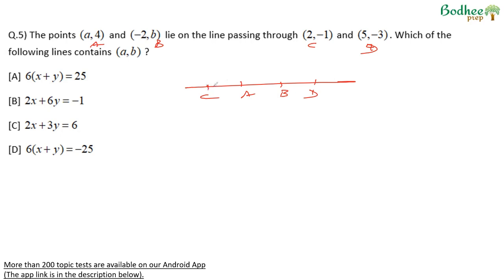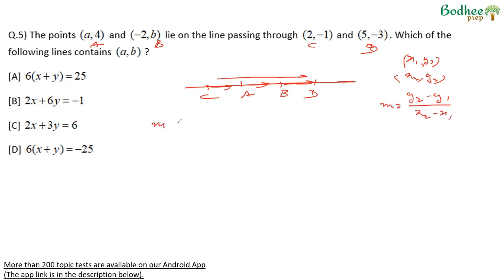What we can always say is the slope of CA, the slope of AB, the slope of BD will be the same as the slope of CD. The slope of a line joining two points (x1, y1) and (x2, y2) is given by y2 minus y1 upon x2 minus x1, slope m.